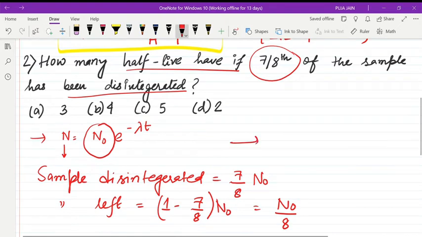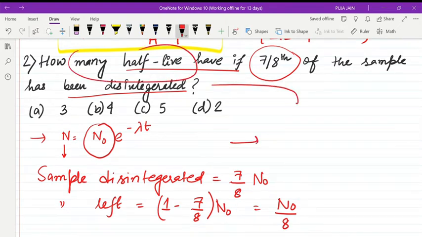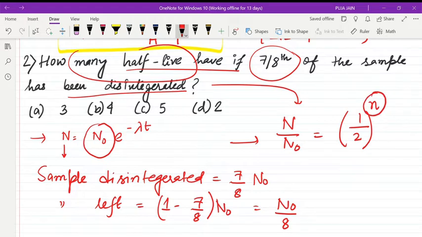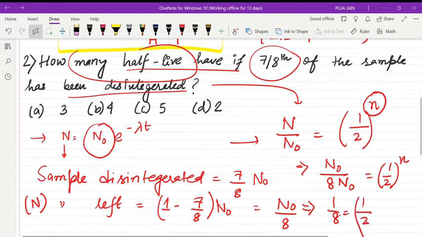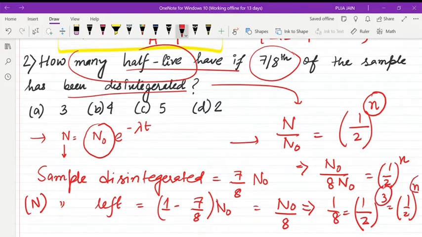The formula for finding the number of half-lives is N by N0 equals 1 by 2 whole to the power n, where n is the number of half-lives. Here N is my sample left, N0 by 8, and this is N0, equal to half to the power n. So this is 1 by 8, that is 1 by 2 cube, equal to half to the power n. That means n is equal to 3. So my option A is correct.